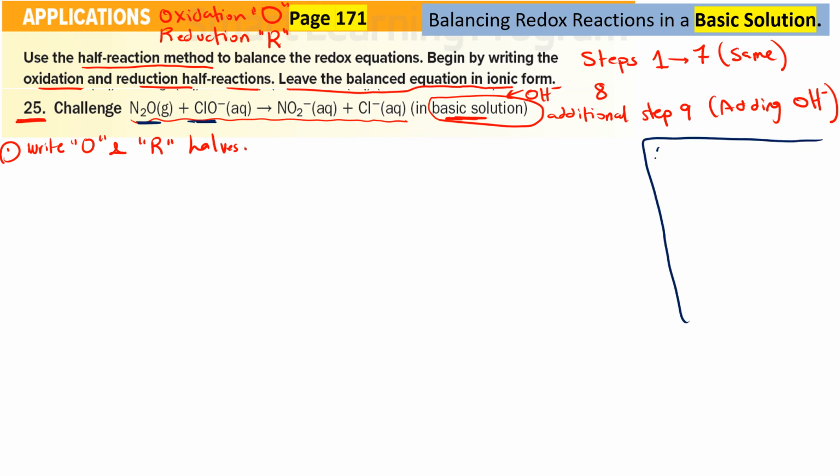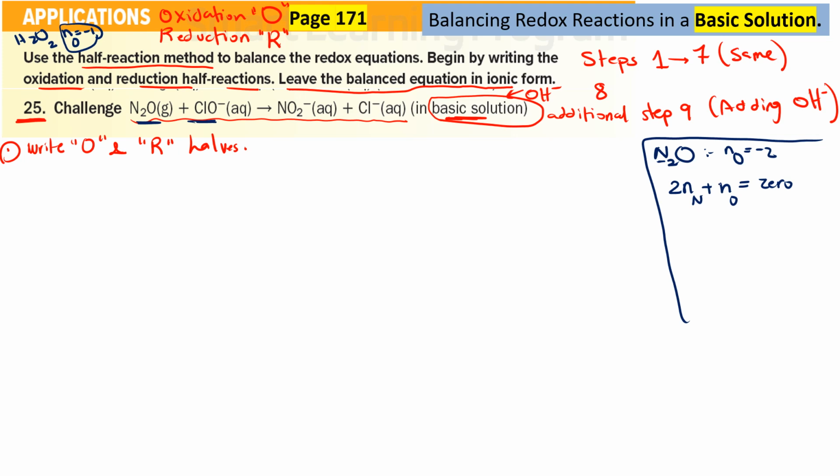For N2O, of course we use the first lesson on how to determine the oxidation number. We know that the oxidation number of O is always minus 2, except in the compound H2O2, where the oxidation number of O is minus 1. We took that in the first lesson. This is not H2O2. So the oxidation number of N: 2N plus O equals 0.